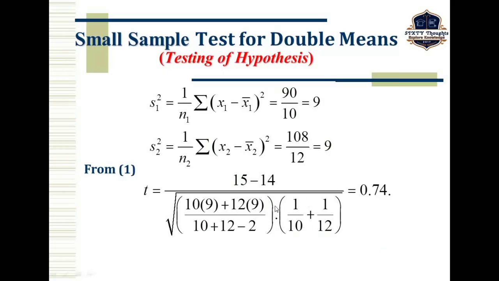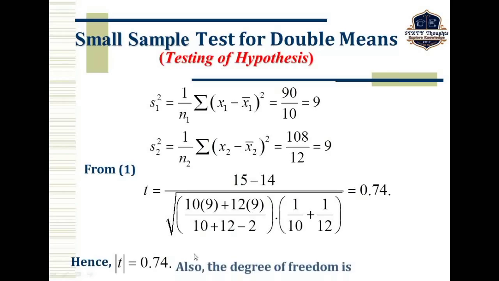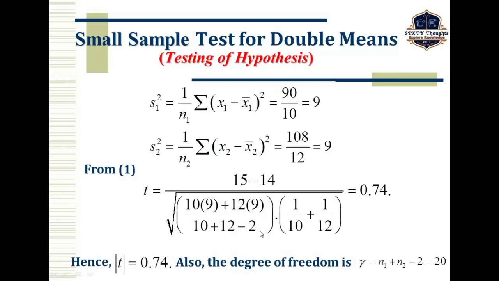Now using a calculator we simplify this expression and get t equal to 0.74. This is called the obtained value, so modulus of t equal to 0.74. Also, the degree of freedom for a double mean problem is gamma equal to n1 plus n2 minus 2, that is 10 plus 12 is 22, 22 minus 2 gives 20.